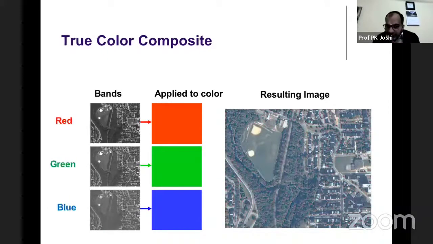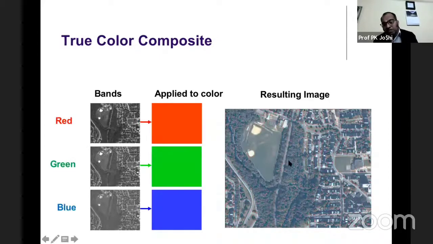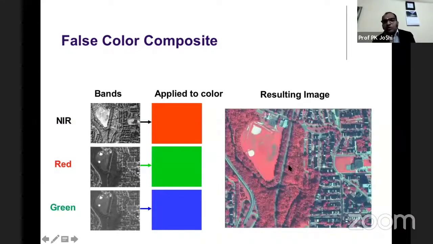There are certain things which you should be able to see, but differentiating them is very challenging. But when you look at false color, you are able to see them and you should be able to differentiate even. In addition to this, if you see these all three areas, they are appearing in probably around 2 shades of green. But the moment I see in false color composite, I see at least 4 or 5 shades of red.